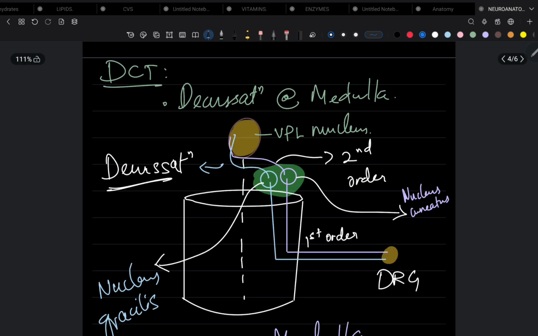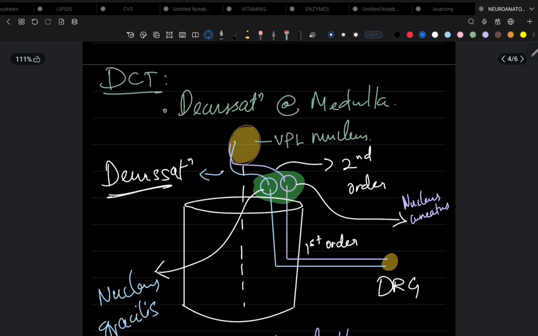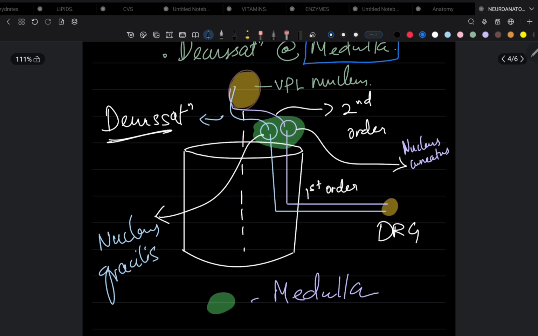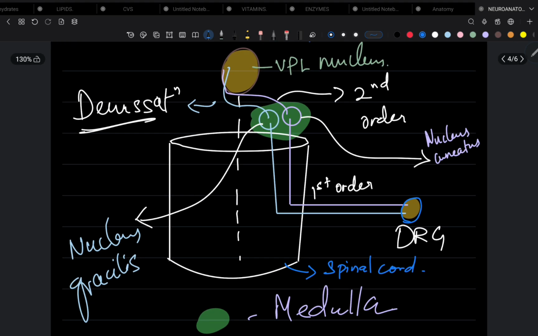Coming to dorsal column tract, it decussates at the level of medulla, and this is actually the spinal cord. I forgot to tell you before. So this is the cross section of the spinal cord, and this is the dorsal root ganglion from which the first order neuron originates, as we have seen earlier.